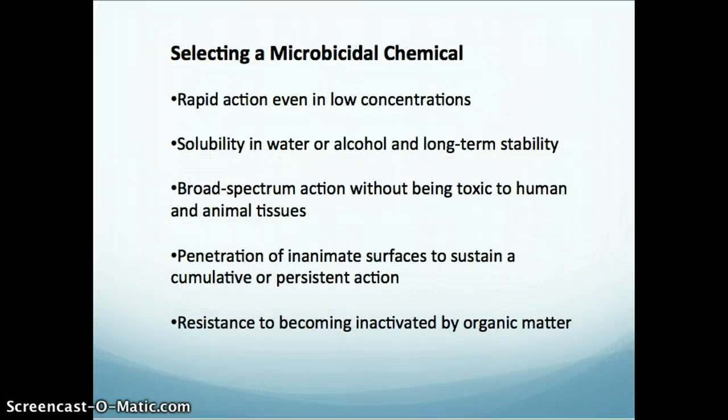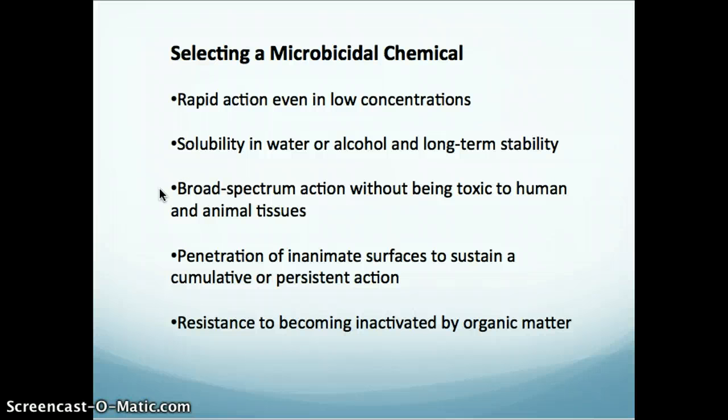So how do we choose which antimicrobial chemical we want to use? What is looked for in an effective chemical is one that has rapid action, even in low concentrations, solubility in water or alcohol, with long-term stability, that it's a stable molecule. We also want broad spectrum action without being toxic to humans or animals.